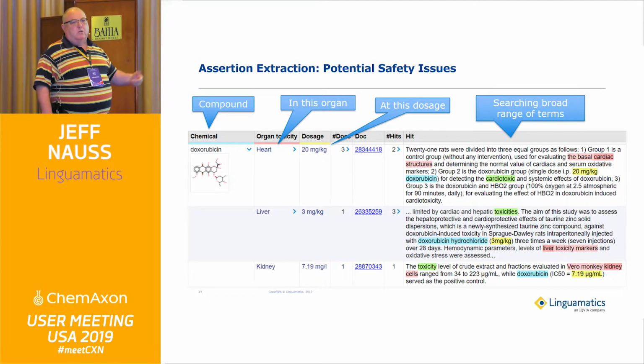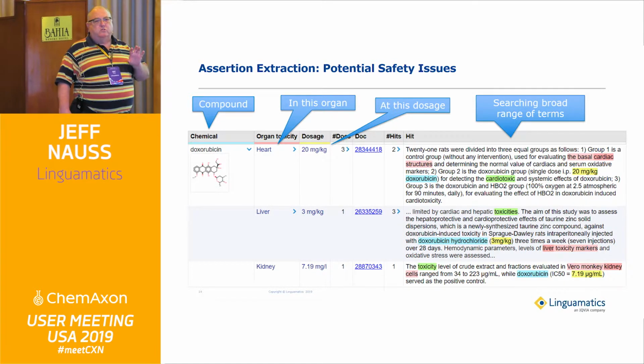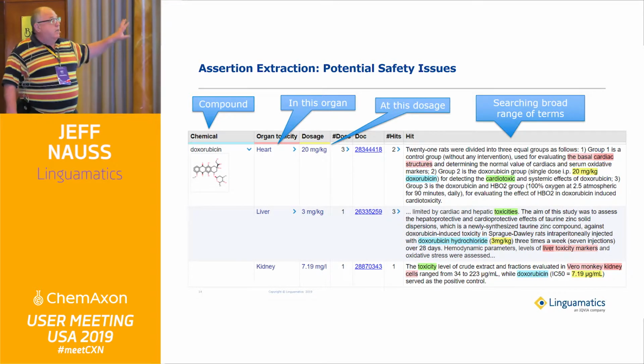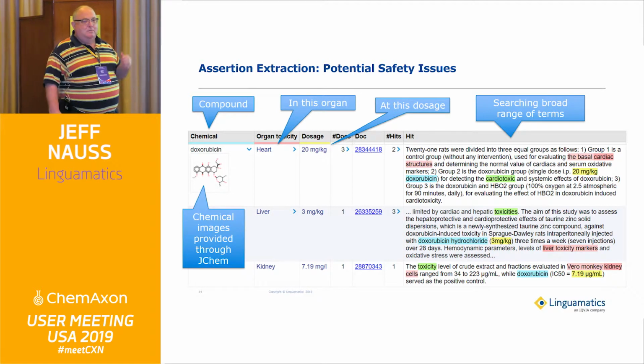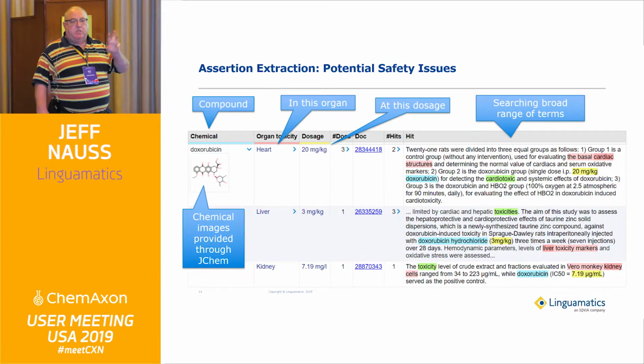If you dug further in the data, you'd be able to find nephrotoxicity, hepatotoxicity, and so forth. Natural language processing was able to help us identify this is a potential problem. And then in the output, thank you, ChemAxon. You gave us the chemical structures there. So the people reviewing the literature or reviewing this hit can then look at that chemical structure.